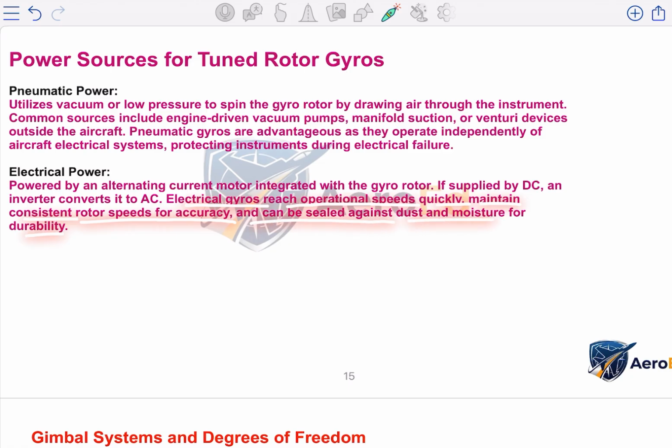So this is a better power source for tuned rotor gyros because it can reach operational speed very quickly, since it is electric. It is more consistent, and thus the accuracy is higher. And because there is no involvement of air, it is sealed, so there won't be any dust or moisture affecting the gyros. So it is safer.